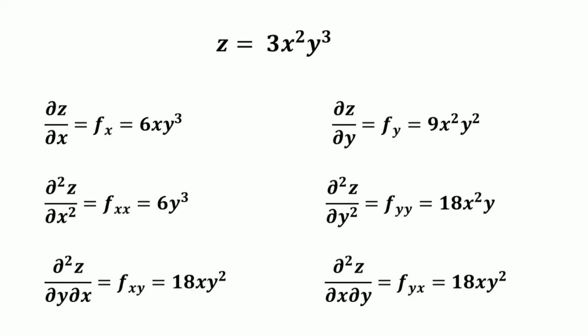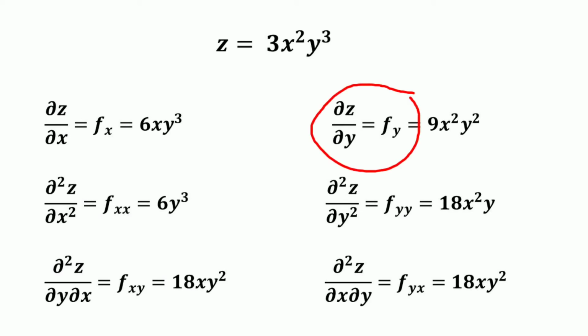Consider another example of a given function, that is z is equal to 3x square y cube. Now we want to find the first order and second order partial derivatives of this function. Differentiating with respect to x, f of x is equal to 6xy cube.